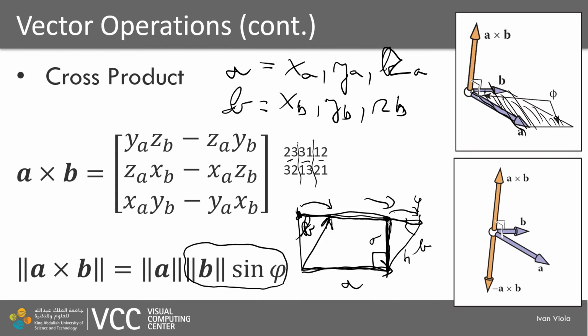Now, as opposed to the scalar product, the cross product is not commutative.